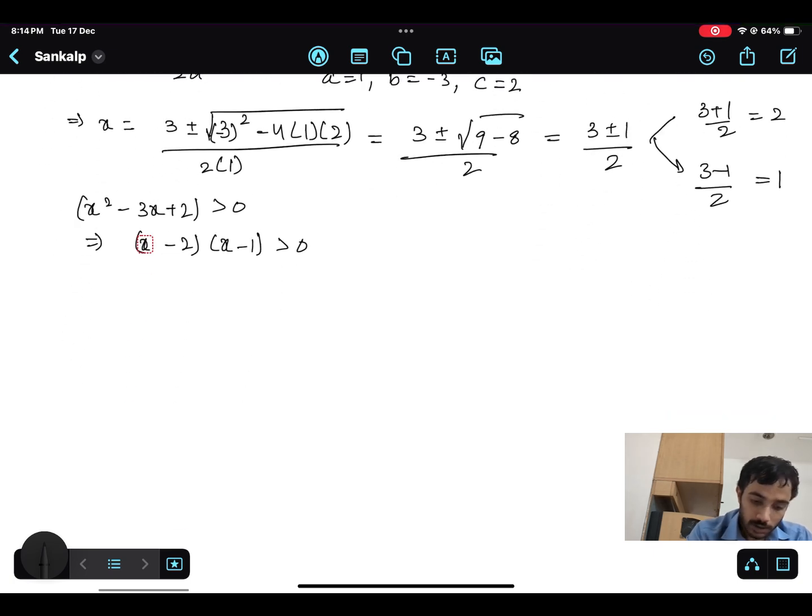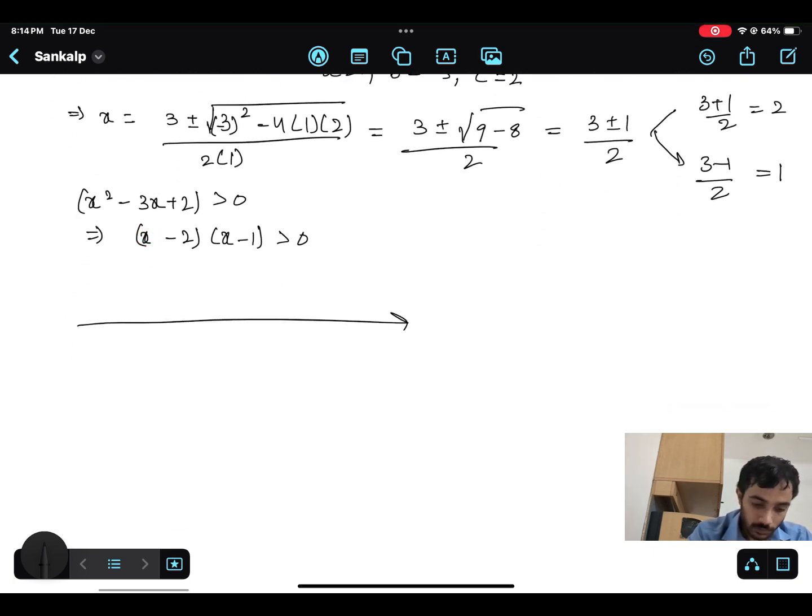Now if we draw a number line, something like this, 1 and 2, which are the roots of the equation. Now this line can be divided into three parts. Let this be part 1, this will be part 2, and this is part 3. Consider that x lies in part 1, which is x is less than 1.